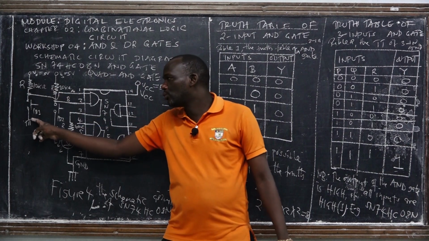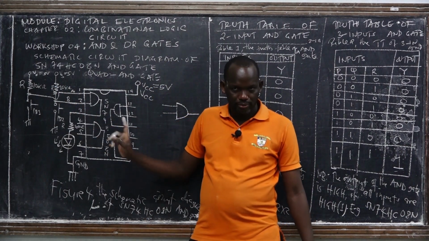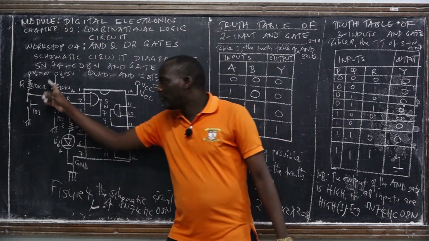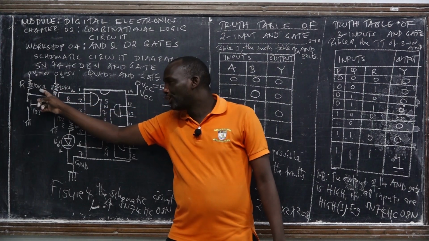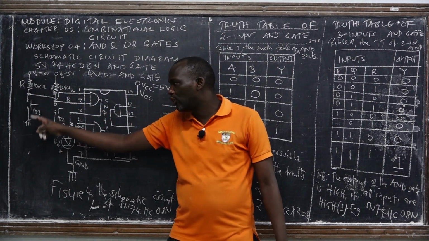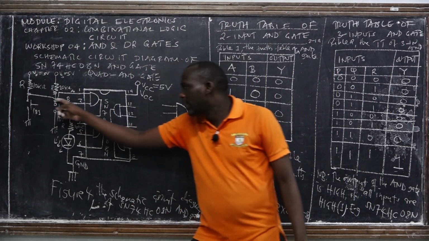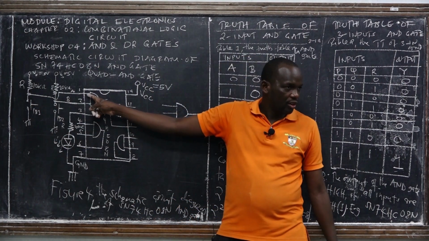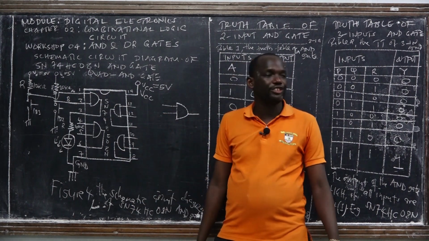The first one is this one, the second one is this one. Class, listen. With the first pull-up resistor network, we need to supply power. We need the pull-up resistor, say 10 kilo ohm, and we need push button number 1. So this one will be supplying the input to pin number 1 of SN74HC08N.